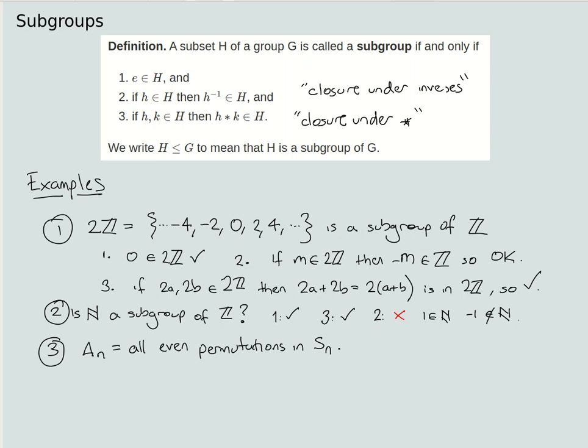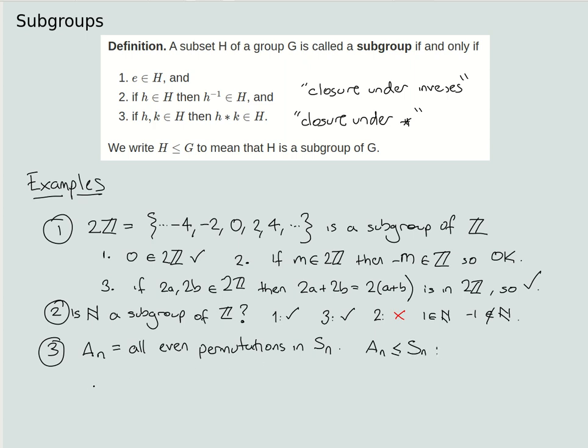If you can't remember what even means, go and look it up. It means a permutation is called even if you can express it as a product of an even number of transpositions. So then An is a subgroup of Sn.